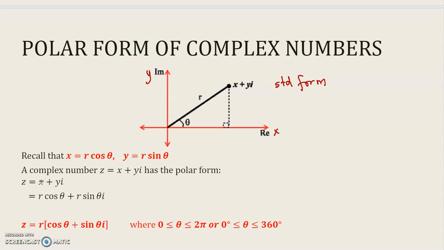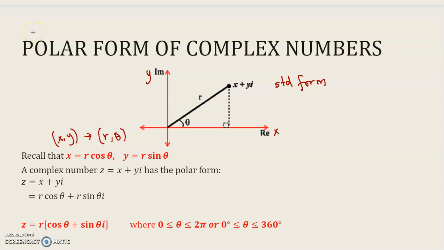Last week we already discussed how to convert a complex number in standard form to the polar form, or how to convert a point in rectangular coordinates, x, y, into the polar coordinates, r, theta.